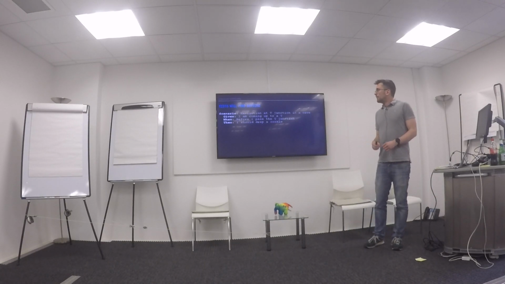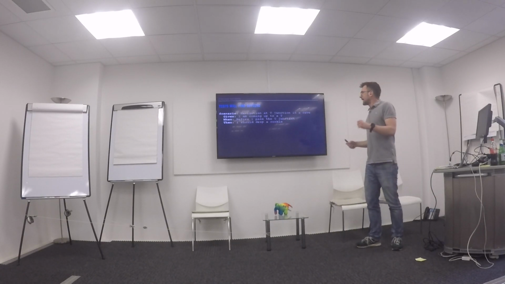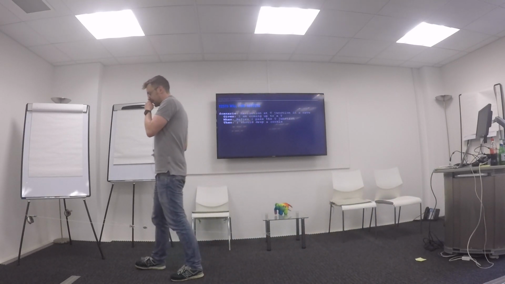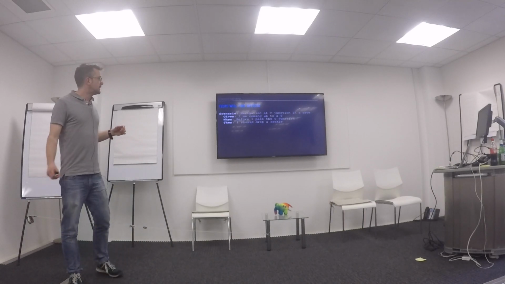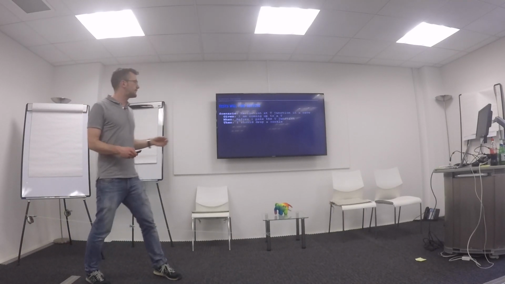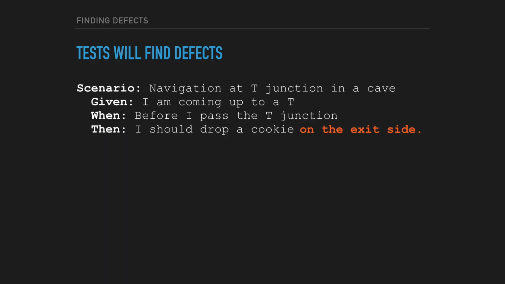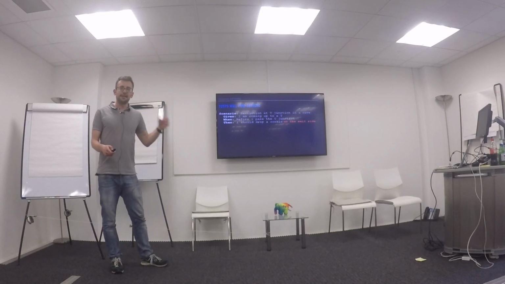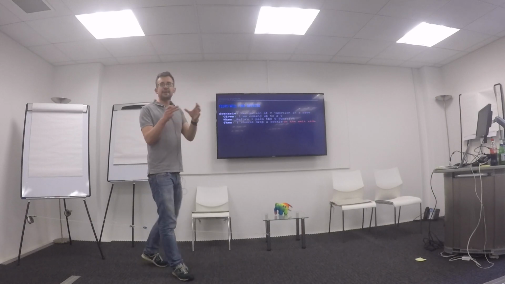So we've got our test here, you know, we're going into the cave, we're coming up to a T-junction, and before I pass the T-junction, I must drop a cookie. But of course, that is not a complete test. You know, we're missing something really critical. We have to drop the cookie on the exit side. Otherwise, we don't know where the way out is. So if I saw the equivalent of that in a code base, I'd say, hang on a minute, that test is not complete.